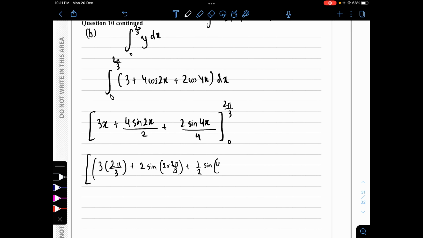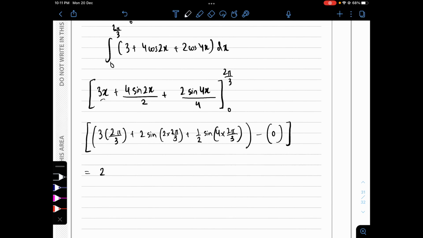sine 4 times 2 pi over 3, and then take away the lower limit. We know that this would be 0 when substituted. This will also be 0, and this will also be 0. When we simplify all this, we will get 2 pi, then 2 sine 4 pi over 3, which is minus root 3, and then a half sine of 8 pi over 3, which is plus root 3 over 4.